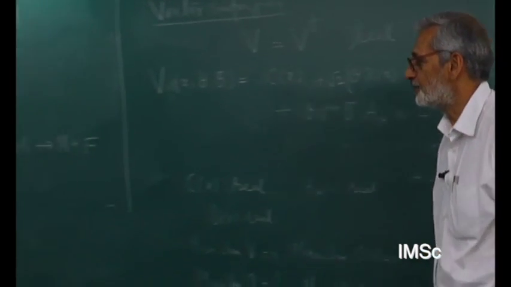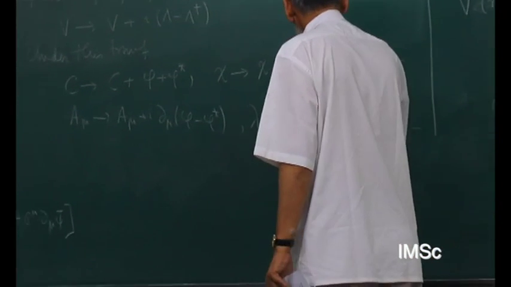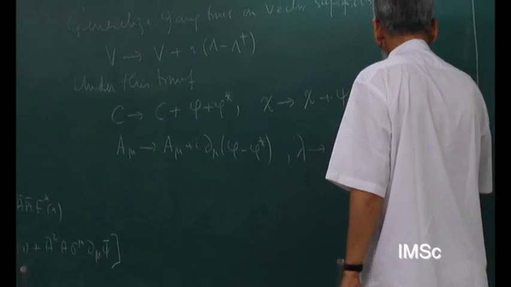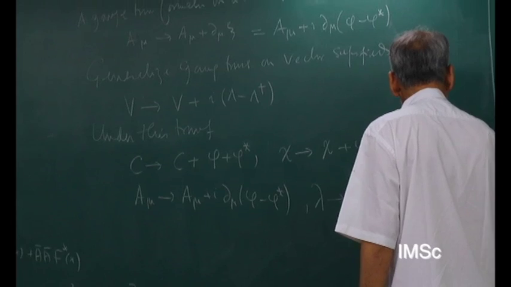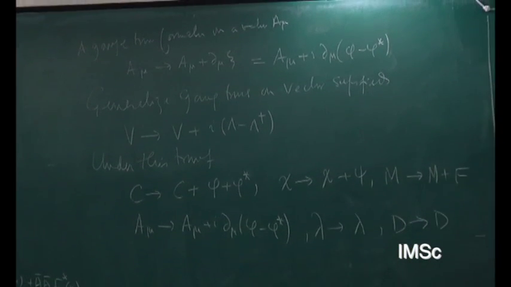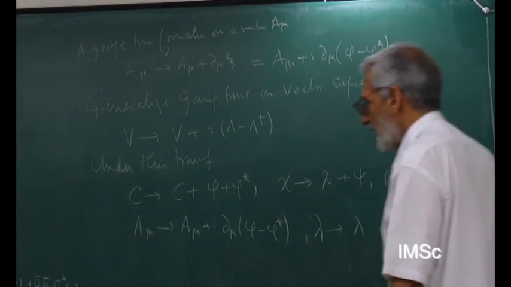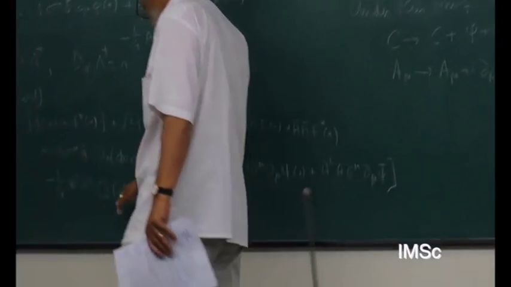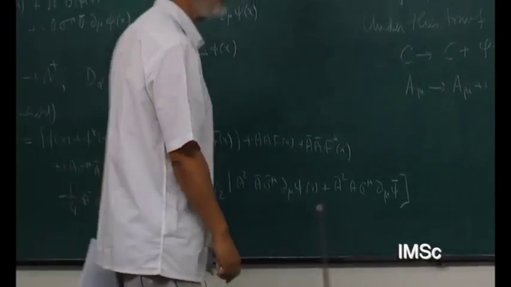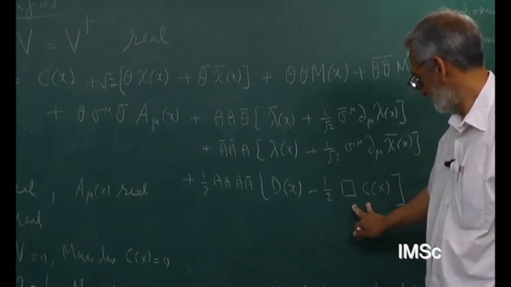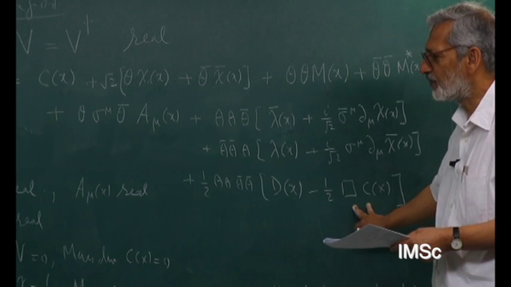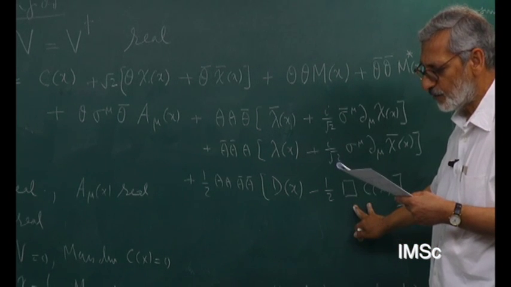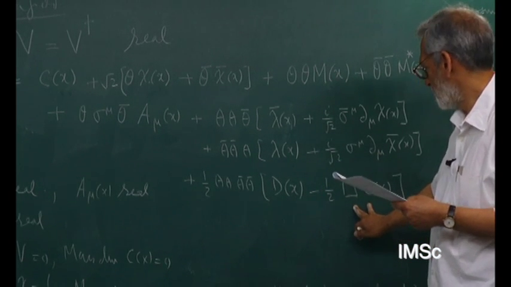What happens to D? So D changes to D, and then there is an extra piece here, box of phi star. But that is exactly the change of box of C. I have the number right? 1 by 4, 1, is this number right? 1/2.